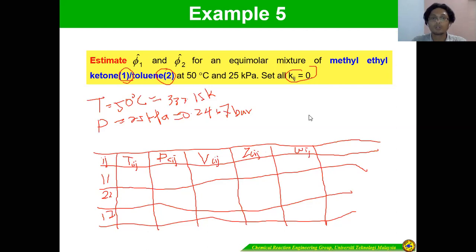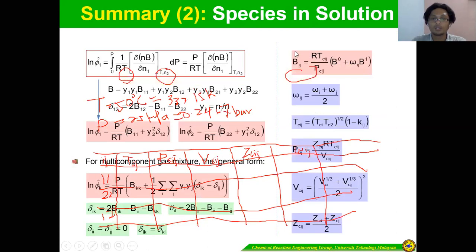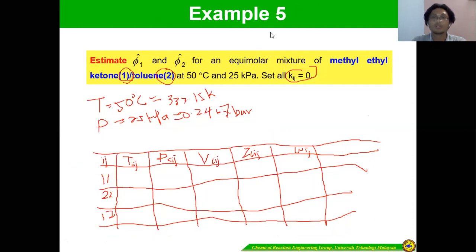To calculate these, you refer to this equation: Bij equal to R TCij over PCij times the function with omega, TCij, PCij, VCij, and ZCij. That's how to calculate.